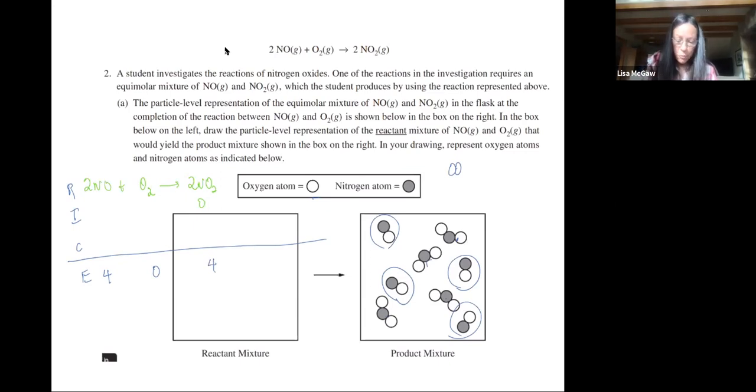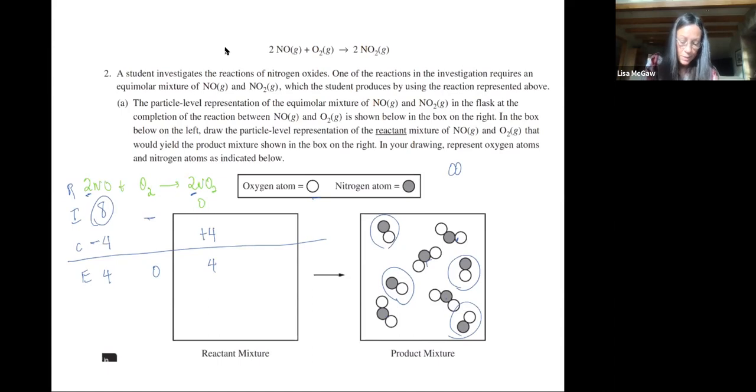So for every 4 that I gained, I must have lost 4 of these, because the ratio is 2 to 2. So if I'm going to make 4, I'm going to lose 4. Now just go back and add 4 and 4, which would have made 8. And then you've got to figure out how much oxygen that took.